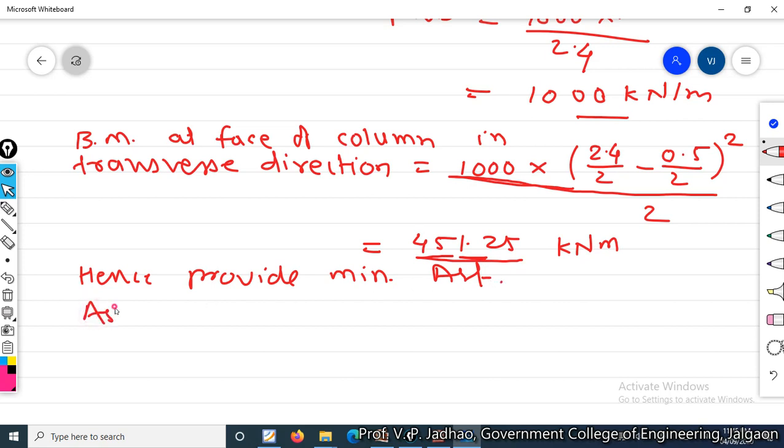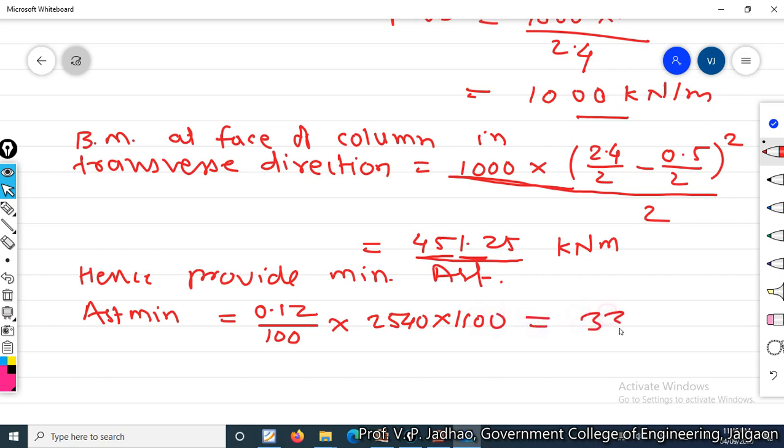AST minimum is equal to 0.12% of this bandwidth, 2540, multiplied by the depth of footing, 1100. So AST minimum will be equal to 3353 mm square.